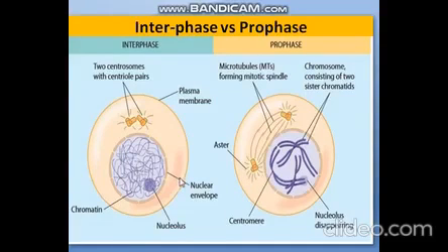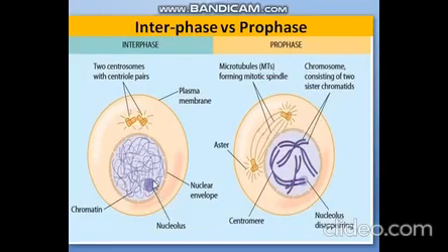So interphase is the phase where the cell is going to prepare for cell division, and prophase is the first phase of the M stage, the mitotic stage. During prophase, the chromosomes consisting of two sister chromatids are prepared. Then there is a centromere visible, and the nucleolus starts disappearing.